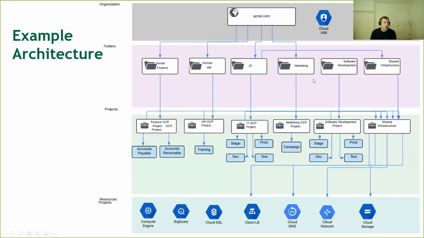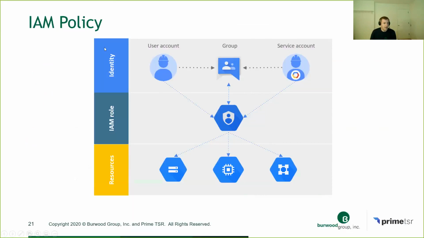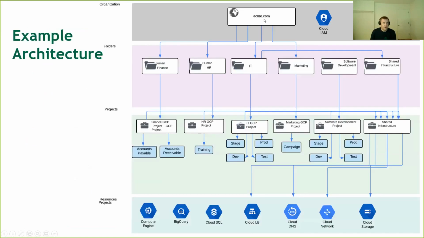Here's an example architecture. I hope that my WebEx window isn't in the way here. At the top we've got our organization, acme.com, and this is where our cloud IAM, our identity and access management, applies. Within here, we've got a number of folders, and within our folders, we've got our projects.